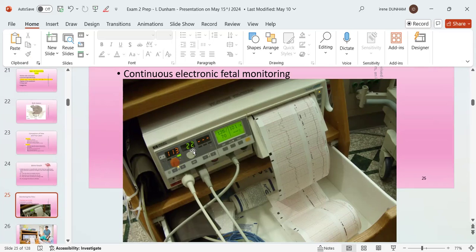The 22 is the resting tone of the contraction, which is the relaxation between the contractions, I should say. And then you have blood pressure here, mom's blood pressure, and then here's her heart rate, and she's working hard. Okay, and this one would be if you had a twin.